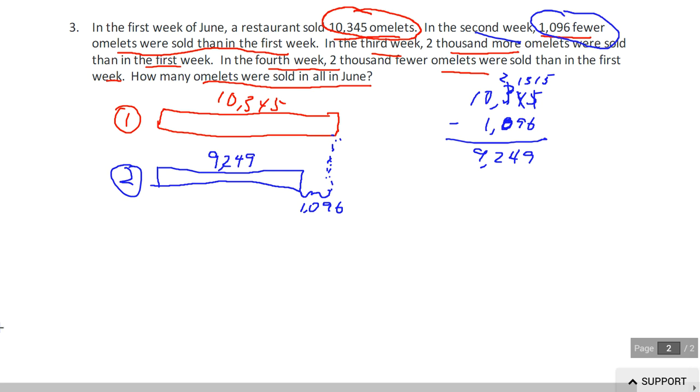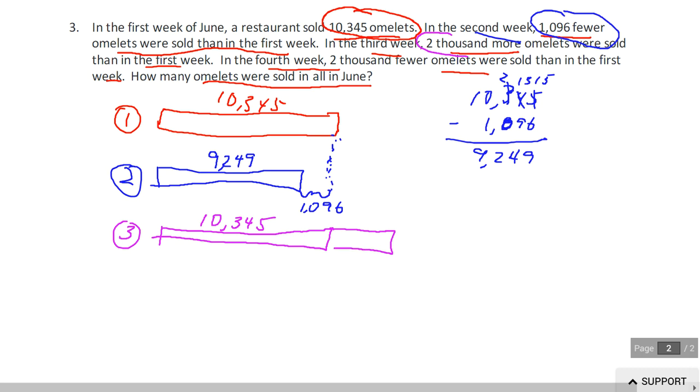All right, what about week 3? Well, week 3, they did 2,000 more than in the week 1. Okay, so week 3, there's week 1, and week 1 again was 10,345, but they did 2,000 more.